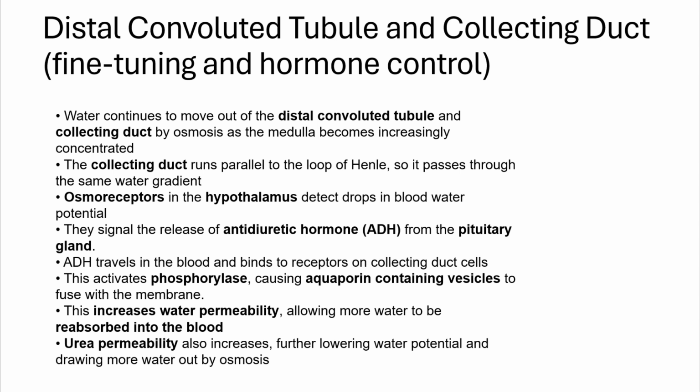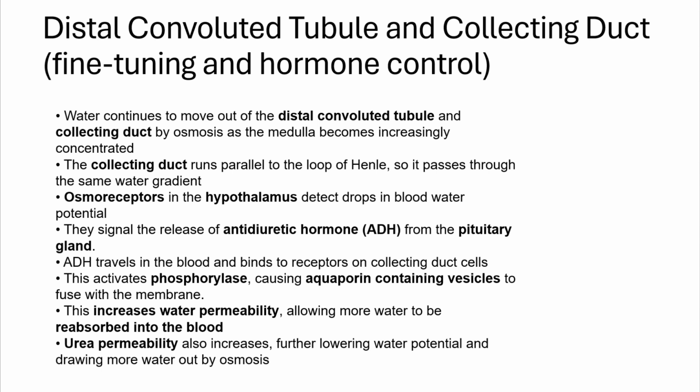ADH travels in the blood and binds to receptors on collecting duct cells. The collecting duct is normally not that permeable to water, so water doesn't really move through it much. But when ADH binds to it, it activates an enzyme called phosphorylase, which causes aquaporin-containing vesicles to fuse with the membrane.